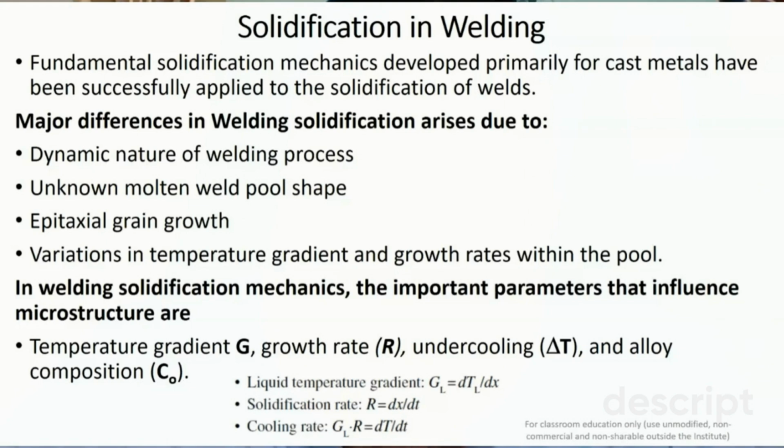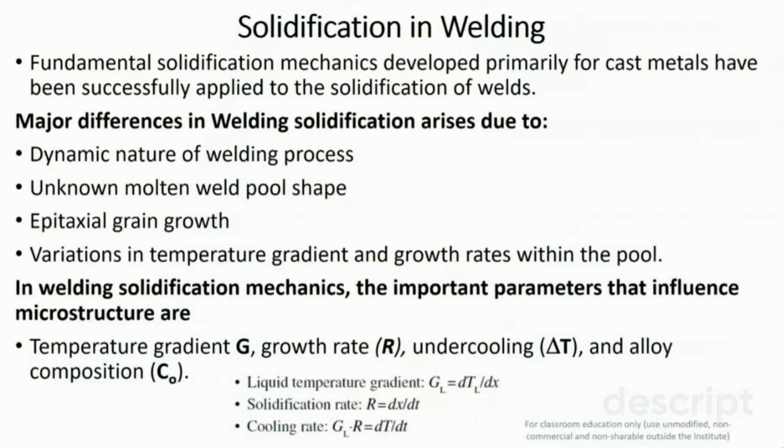So it is the temperature gradient within the liquid molten weld pool, and the solidification rate is denoted by R, which is dx by dt. So there is a linear change in the dimension of the solidified part. How fast it is solidifying, that is our solidification rate. Now if you multiply these two, the temperature gradient and the growth rate, you will get the cooling rate.